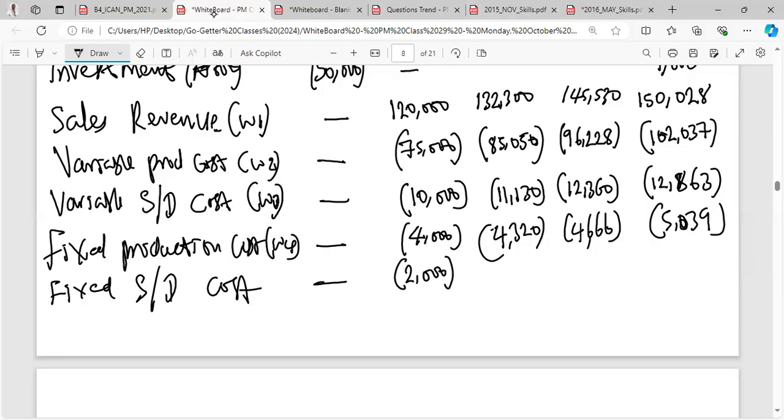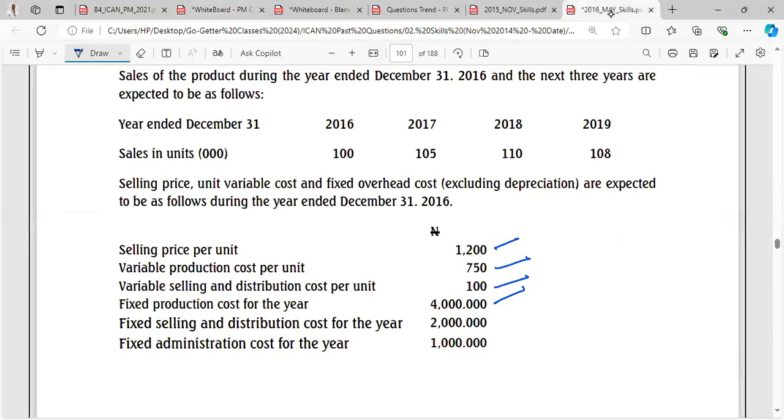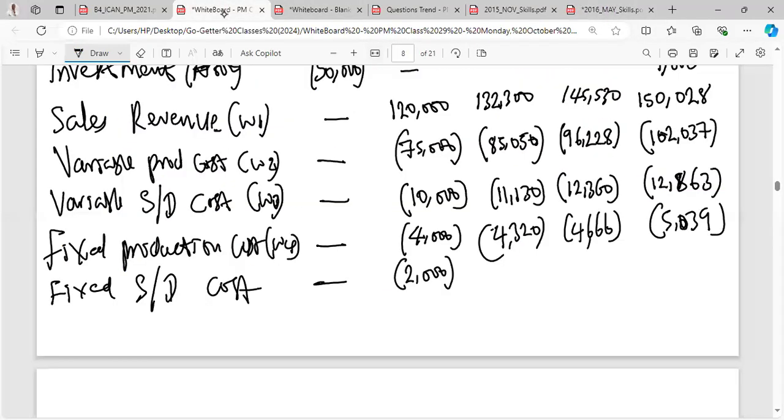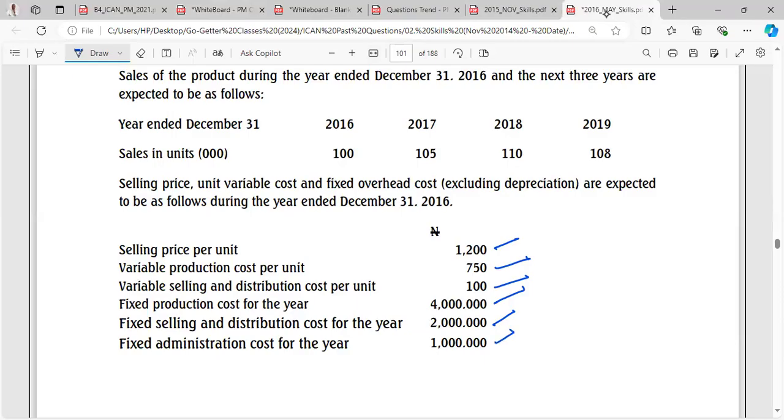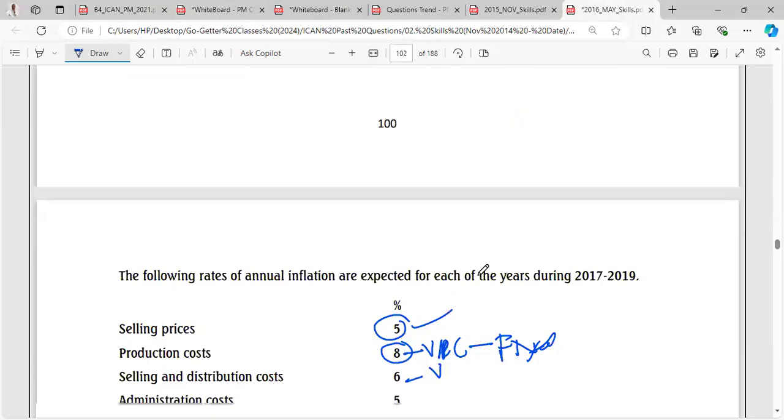Taking this, let me do the other one immediately. Fixed admin costs. This is dash. Of course, this is 1,000. So we have taken this. So that's it. So let's go down and see the inflation.